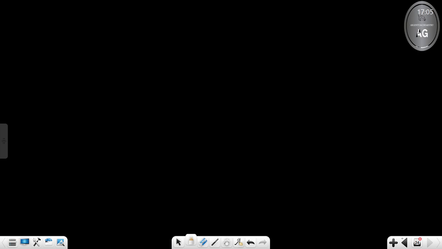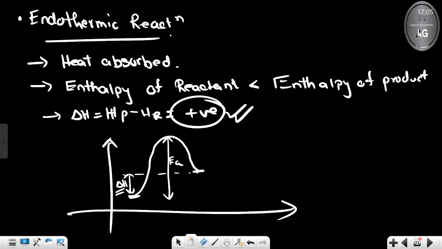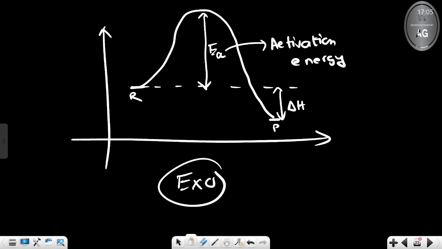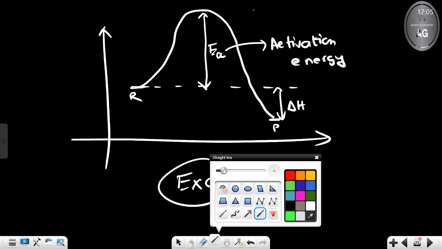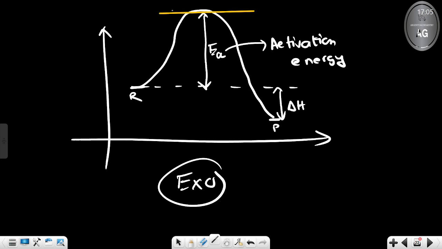Next. This top, this peak is called the activated complex or transition state. Remember this. I don't think they will ask you any question, but in case they ask, this top will be called the transition state or activated complex.